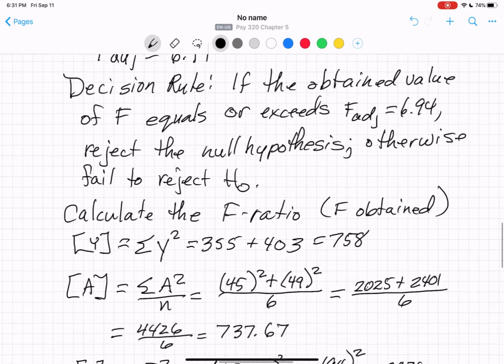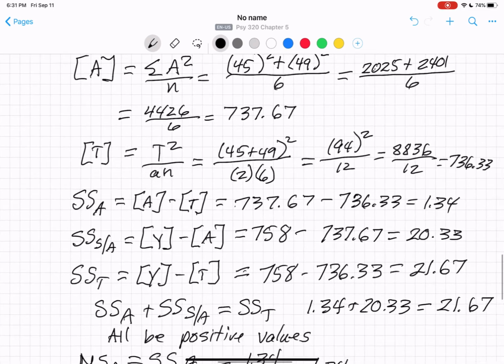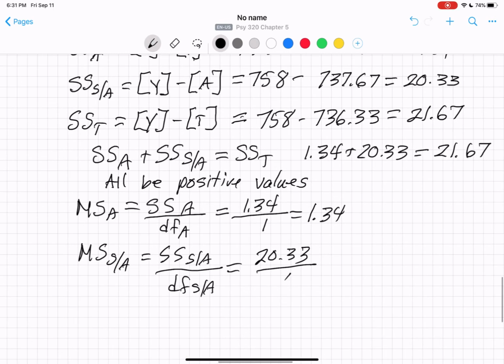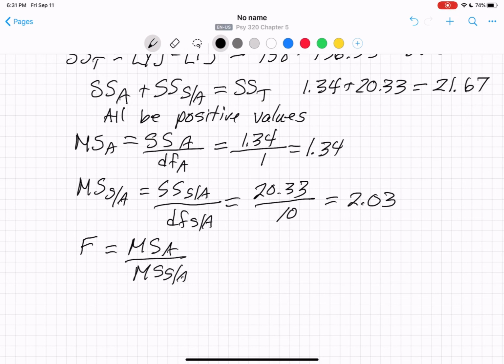Our degree of freedom for S over A is 10. So we're going to divide by 10. So that's 2.03.